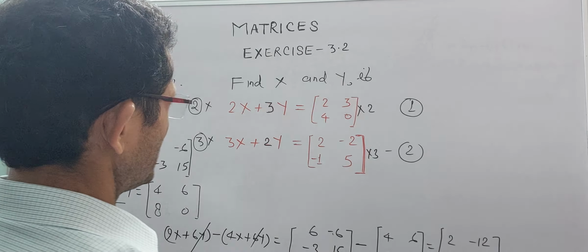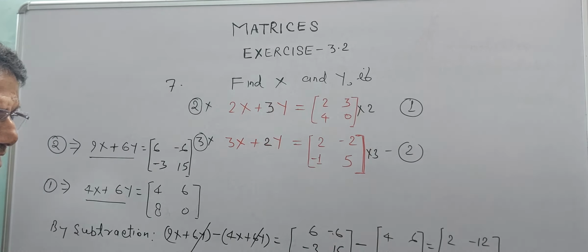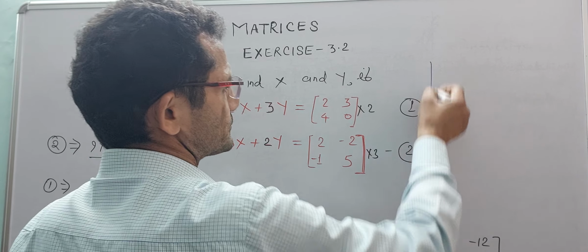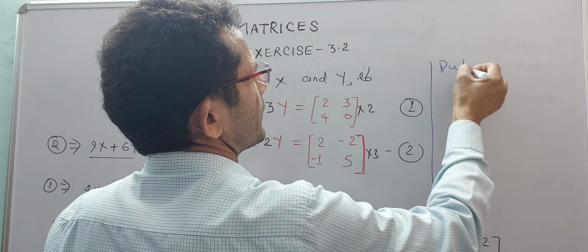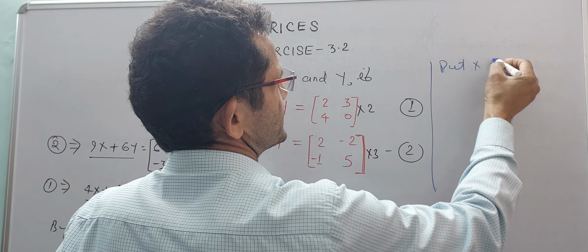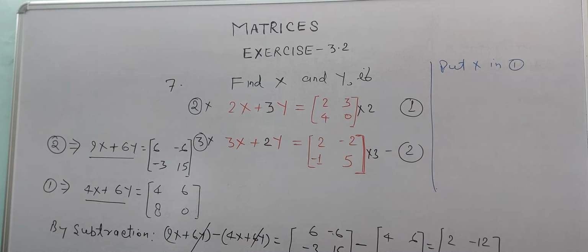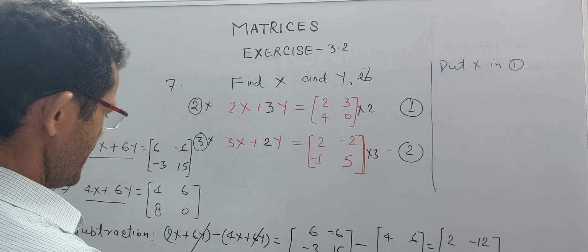Now if I put the value of x in either equation, 1 or 2, I will be able to find the value of y. Let me put x in equation number one. It becomes 2 times the matrix x.